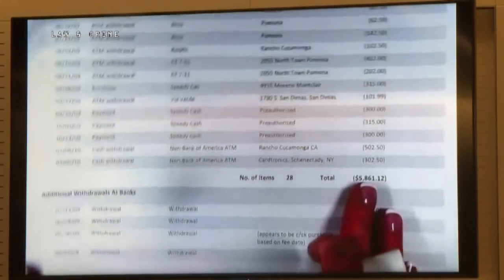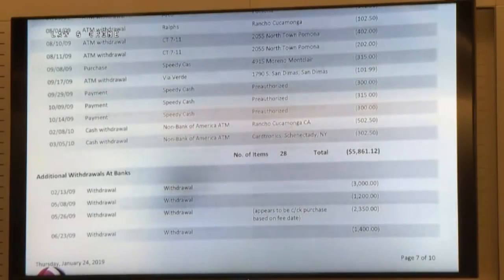And then what was the next category that you described in terms of cash transactions? The next category is called additional withdrawals at banks, and this is when someone would go into the bank and withdraw cash. So these are for a larger amount than you typically could get out of an ATM machine. I presume the defendant went in and obtained cash from a teller.